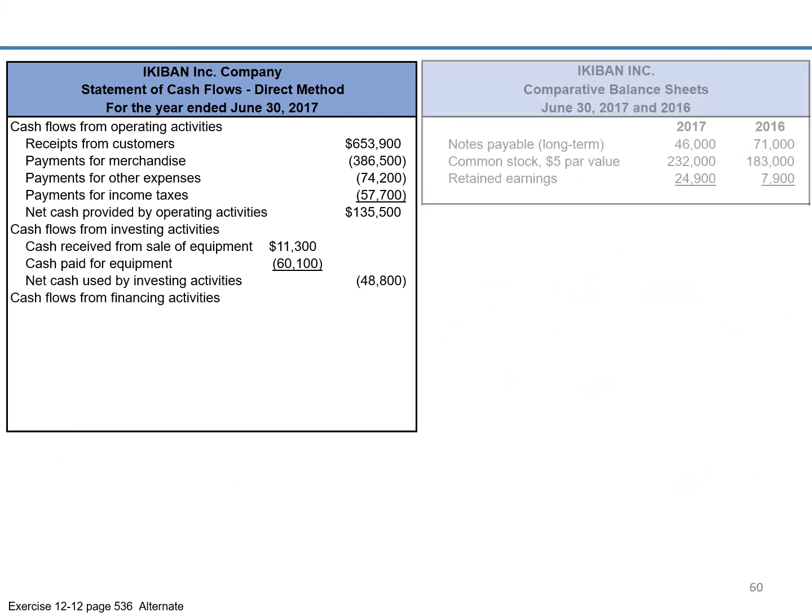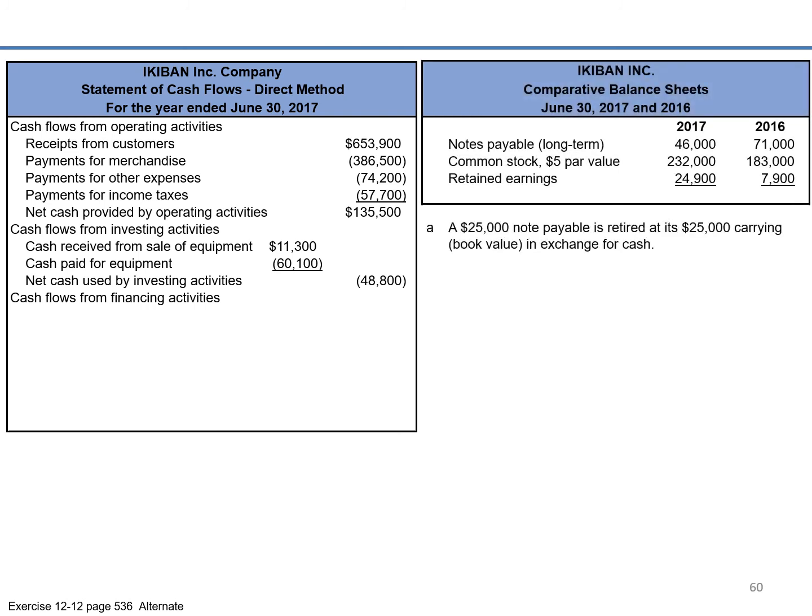Then cash flow from financing activities. So here's our financing related accounts. We retire a note for $25,000, so that's going to reduce our cash flow from financing activities. We paid off our note, cash went out the door. Our stock increased by $49,000, so we're going to increase our cash flow from financing for the additional stock we sold in exchange for cash from our stockholders, right?